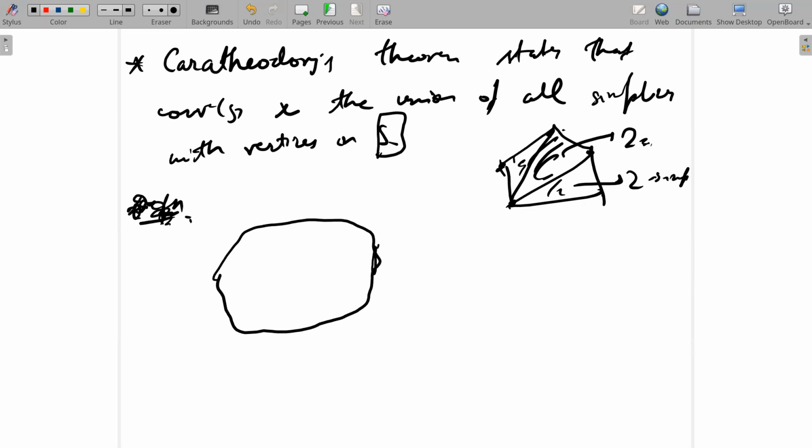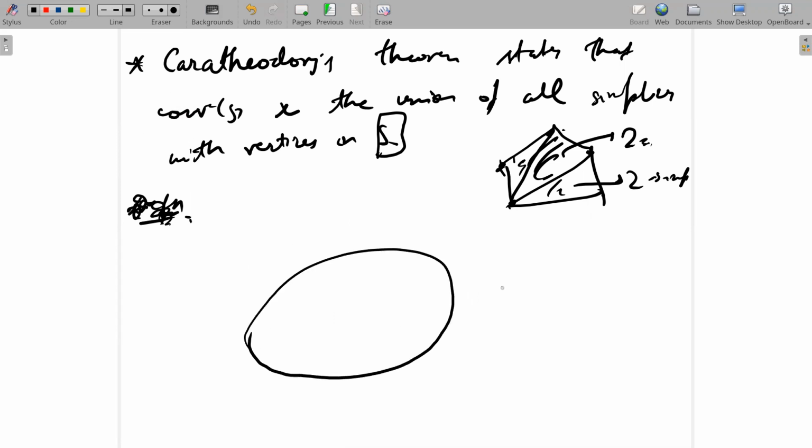So let's say this doesn't look like a convex set, but let's say it's a convex set. Maybe I should try to make it look convex. Okay, so let's say it's something like this. This is a convex set. So you have a point here. Let's call this X. You can think of a hyperplane passing through this.